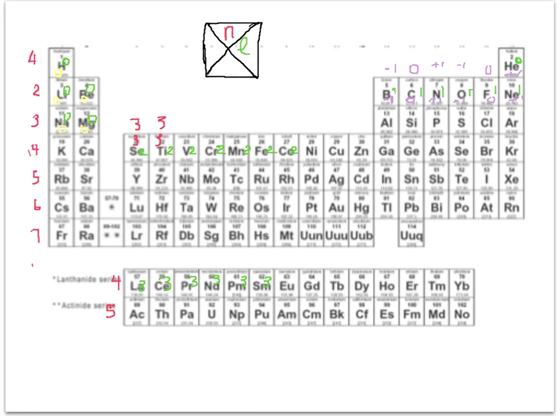When we get to our D block, remember we start at -2, -1, 0, +1, +2. Then we start back at -2, -1, 0, +1, +2.